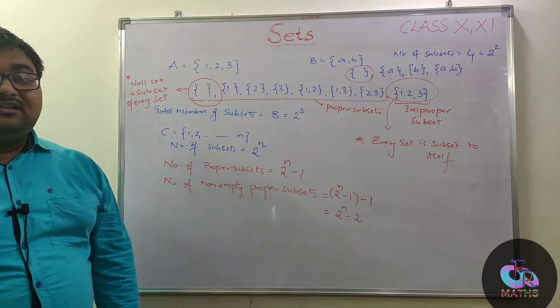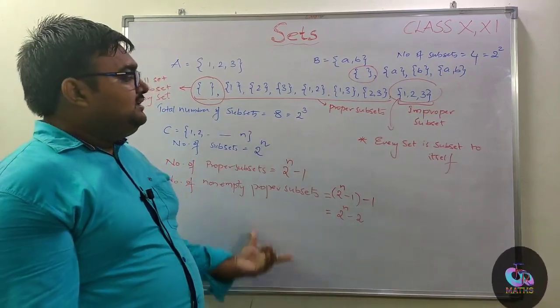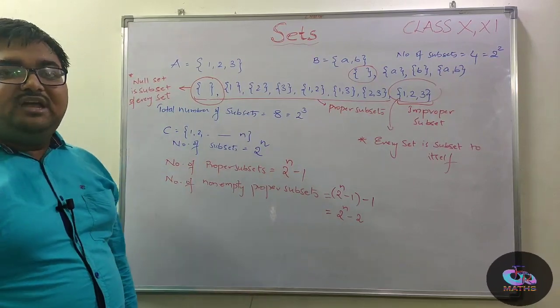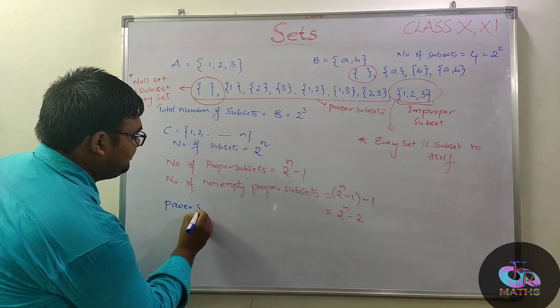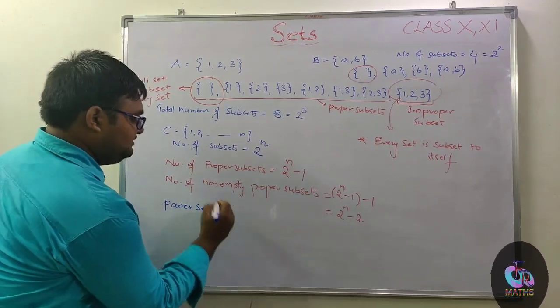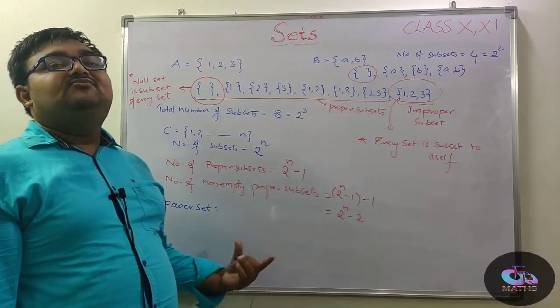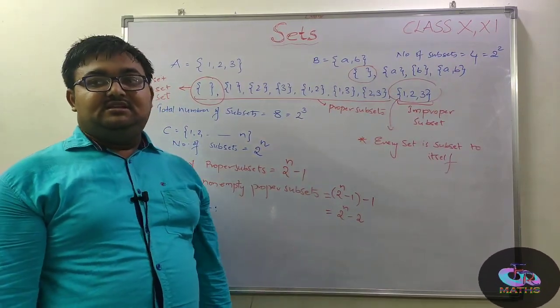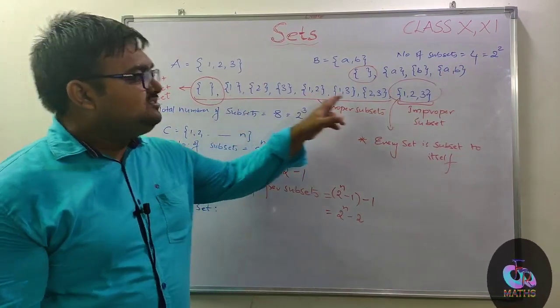So this is nothing but the concept related to subsets, right? Based on these subsets we are going to have one more set, that we call as power set. So this power set is defined as the set of all subsets. So you are getting subsets now, right?